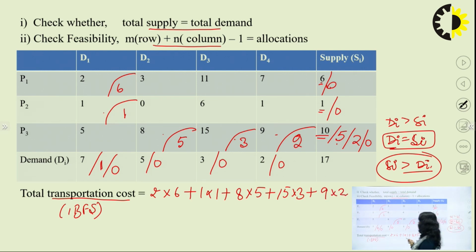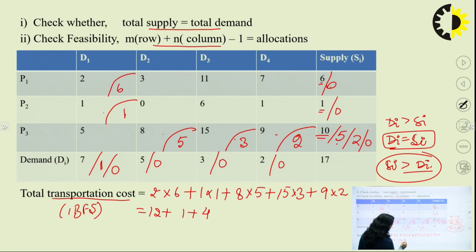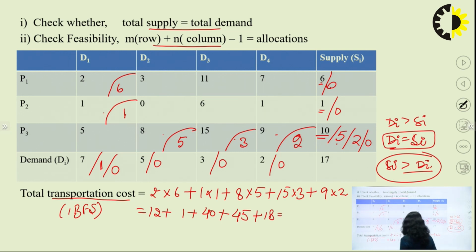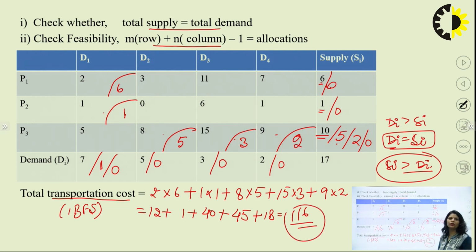Okay. So this will become 12 plus 1 plus 40 plus 45 plus 18, which is 116. So this will become the transportation cost for this particular problem with the help of the northwest corner method. Okay. And this is the initial basic feasible solution.